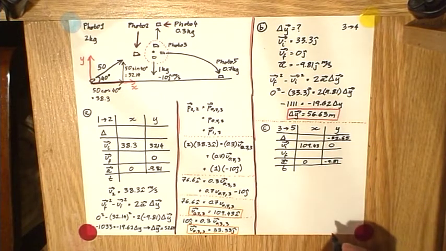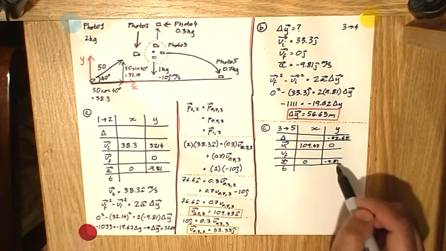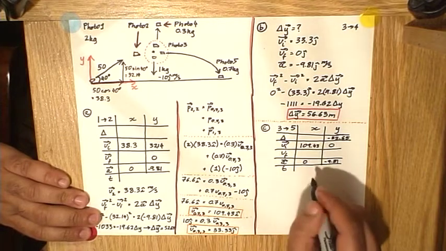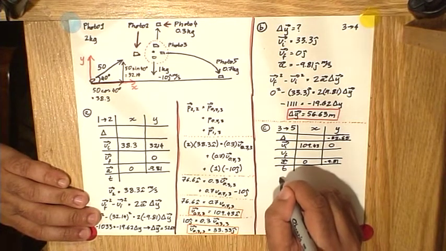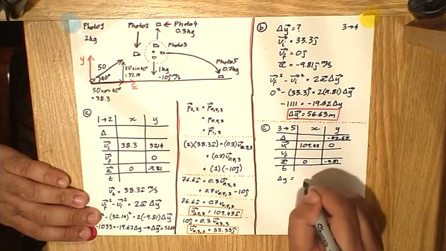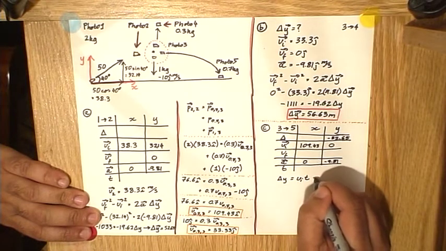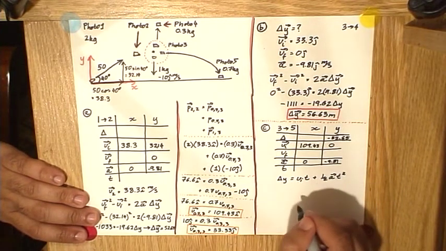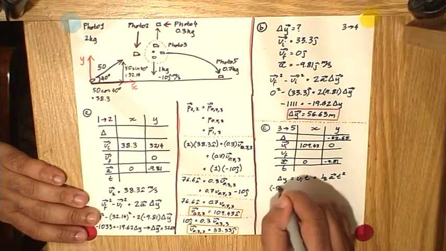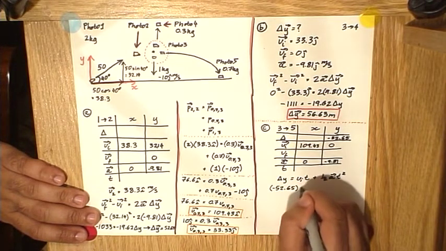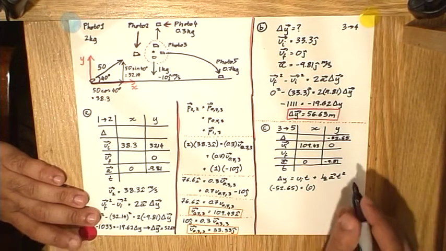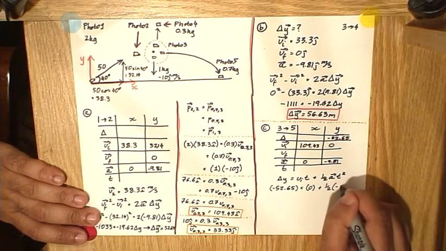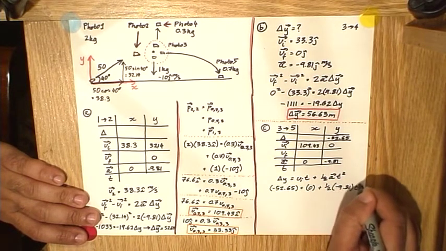Okay, now we have something to work with. We have 3 pieces of information in y, and we can solve for the time. So the way we would do that is using toolbox equation number 2. Toolbox equation number 2 says delta y is equal to v initial times t plus 1/2 acceleration times t squared. Let's plug in everything that we know. Delta y is negative 52.65 is equal to v initial, 0, I'm not even going to bother with the t over there because this is going to cancel out anyway, plus 1/2 times acceleration, negative 9.81, times t squared.